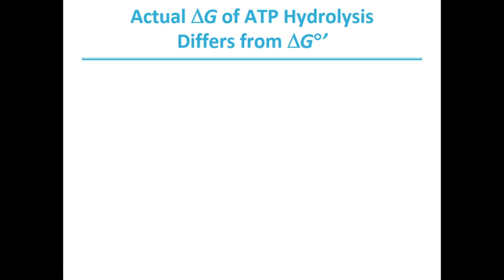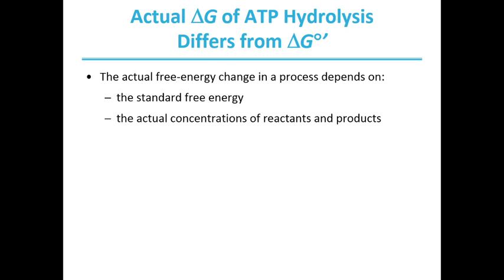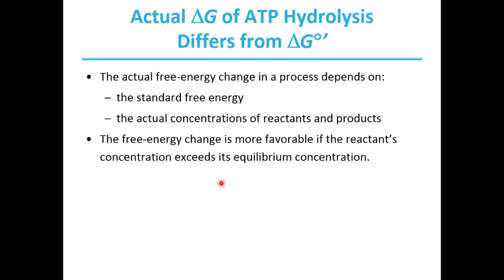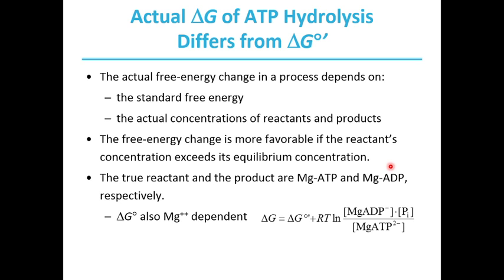Reiterating what I just said, the actual free energy change in a process depends on the standard free energy and the actual concentrations of reactants and products. The free energy change is more favorable if the reactant's concentration exceeds its equilibrium concentration. The true reactant and product are magnesium ATP and magnesium ADP respectively.